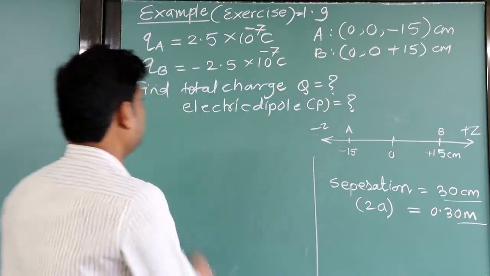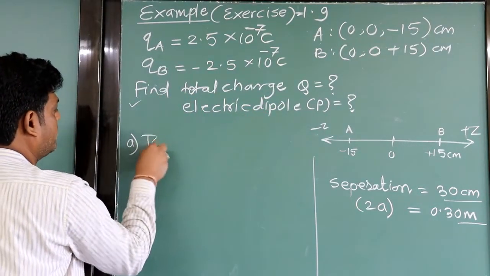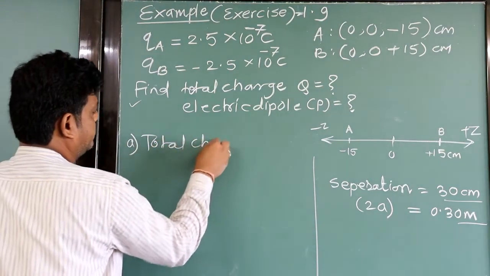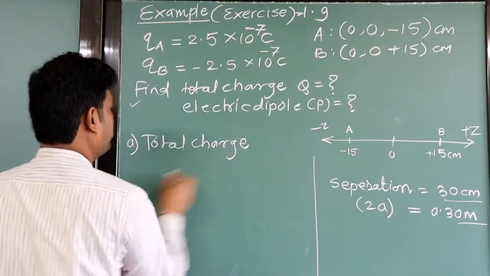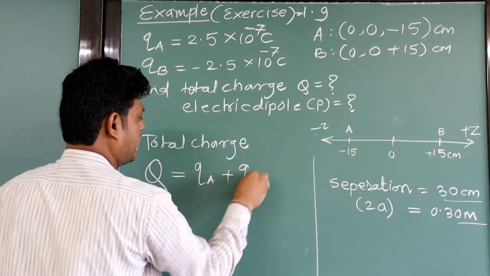The first question: find the total charge. Suppose the total charge is denoted by capital Q, that is QA plus QB.